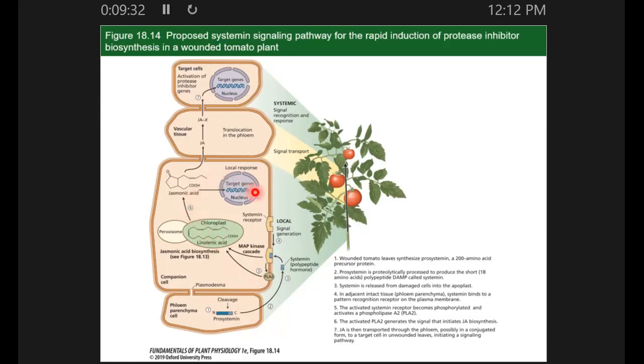And then you see they're trying to show that that's part of the signal transduction that will help to get the gene expression pattern to shift into a defense response. And then you also see the jasmonic acid, they're trying to show that it can get sent through the plant. So it's not just on the leaf where the caterpillar is chewing.